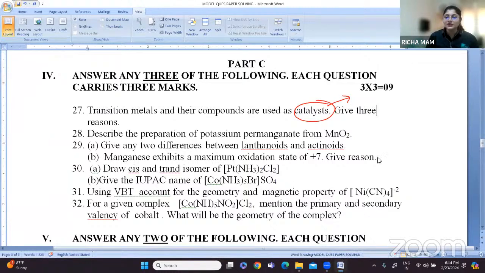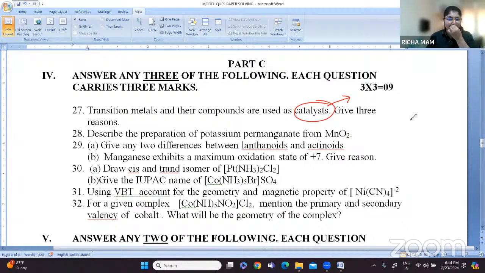So what are the reasons? The first point is variable oxidation state. You have seen that there are different transition metals, and these transition metals show variable oxidation state. So this is the first property. Then the second one is the presence of vacant d orbitals.